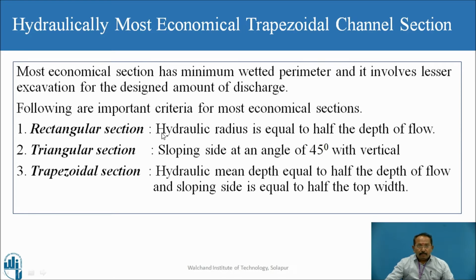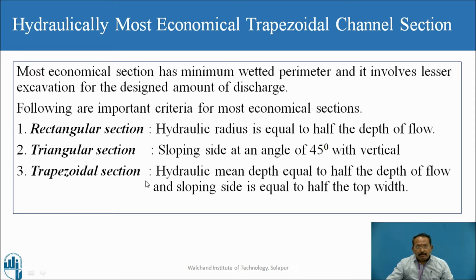It is most economical when the hydraulic radius is equal to half the depth of flow. Second, for the triangular section, the sloping side is at an angle of 45 degrees with the vertical.